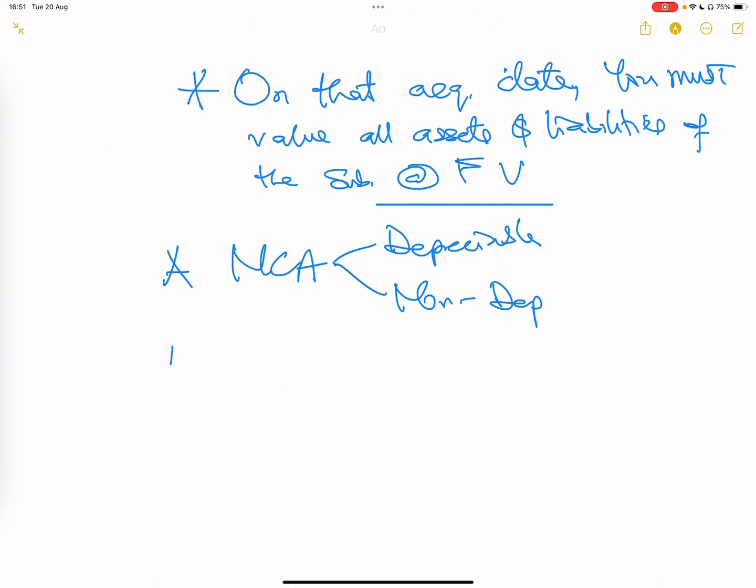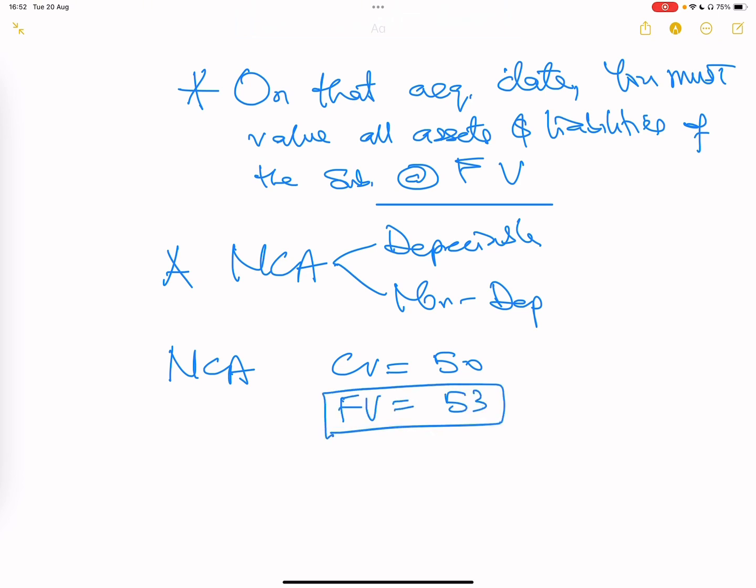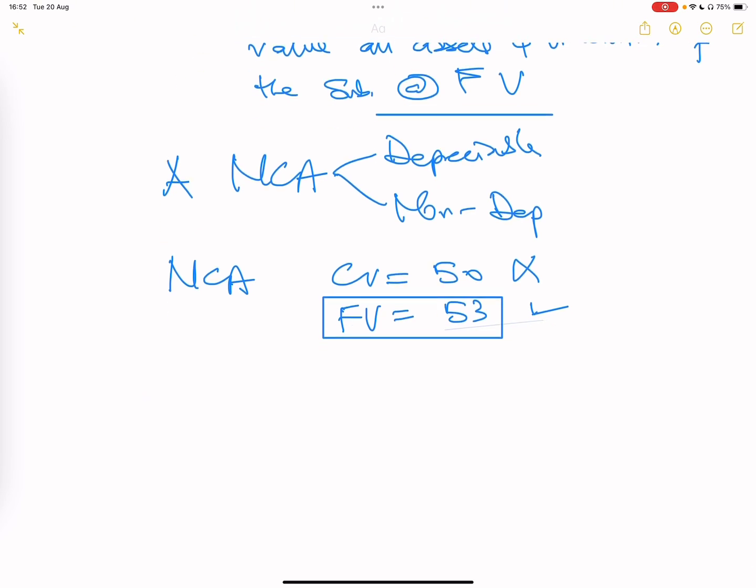Take for instance, if current value of NCA is 50 on acquisition date and its fair value on that day is 53, what you are saying is that you must use this figure and not this figure because this asset has been acquired on that day, fair valuation must take place, and we need to make an acquisition date adjustment.